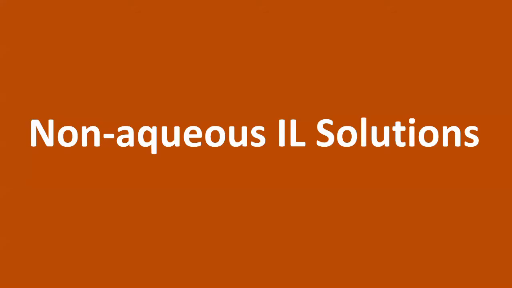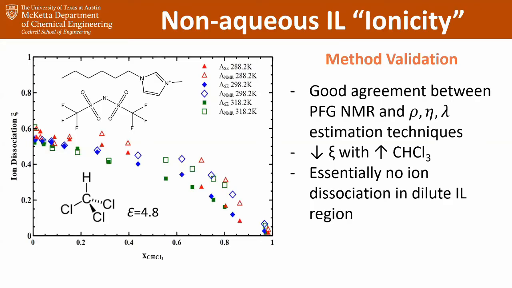So the last thing that I wanted to talk about was non-aqueous solutions. And here's where we did find some NMR data with which to compare. This is bistriflimide, all right, in a rather low dielectric solvent.